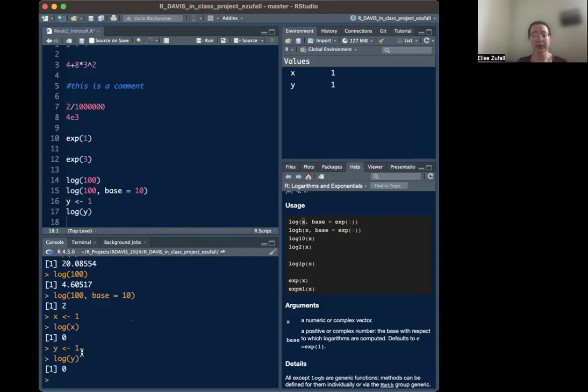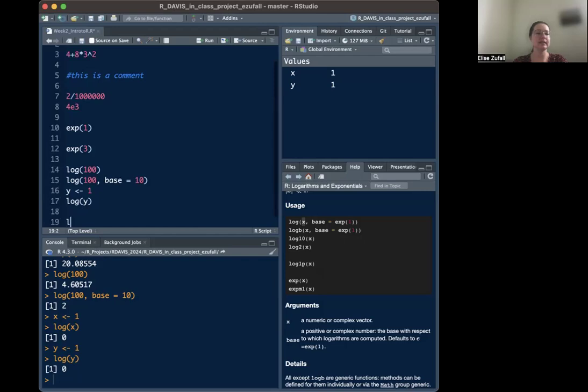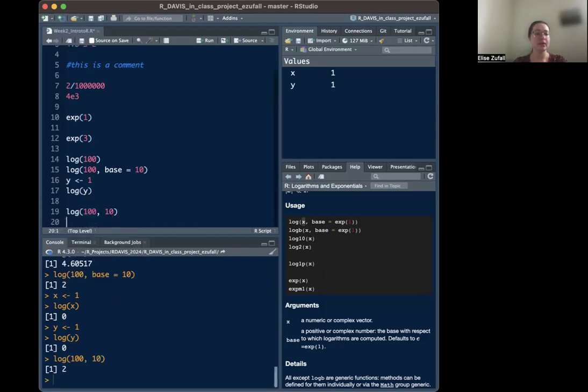So we can put in variables with our own name, but order really matters. So for instance, let's say we put log instead of 100 comma 10, which is what we did last time, which gave us 2. What if we put in log of 10 comma 100? Now it's 0.5.